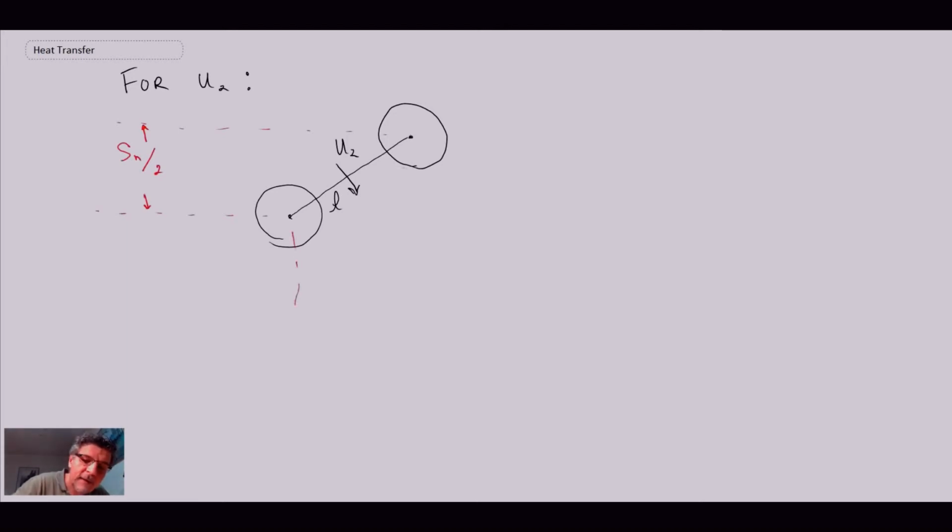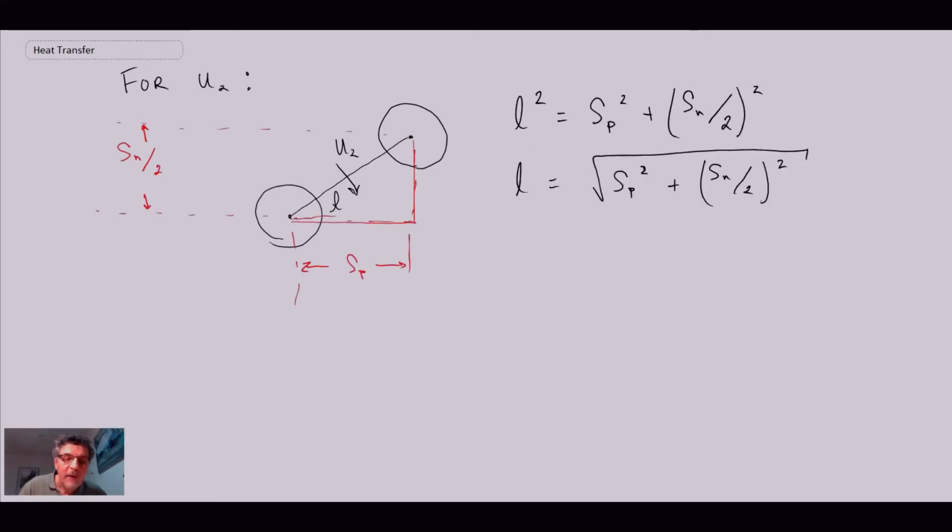And then in the direction of the flow, or parallel to the flow direction, we know that this is Sp. So what we have here, we can construct a right angle triangle right here. And with that, we can write the following. And I am going to solve for L. So we now have an expression for L, which is telling us the distance from center to center of our tubes that are in the tube bundle.